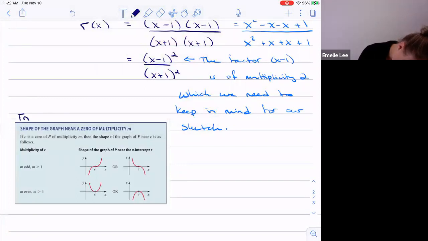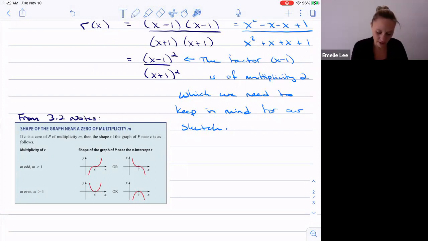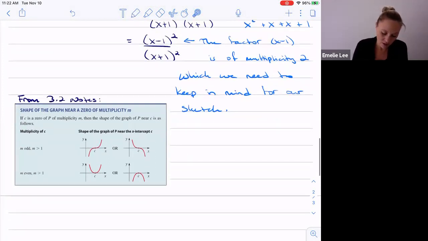From the 3.2 notes, what happens if C is a 0 of P?